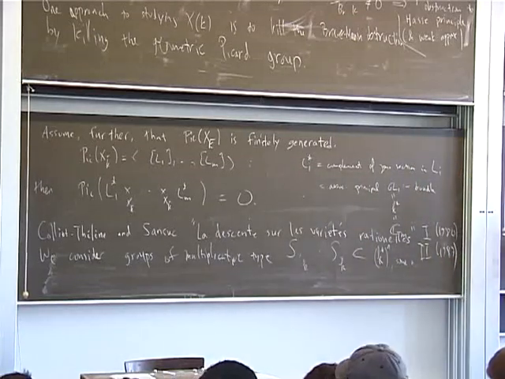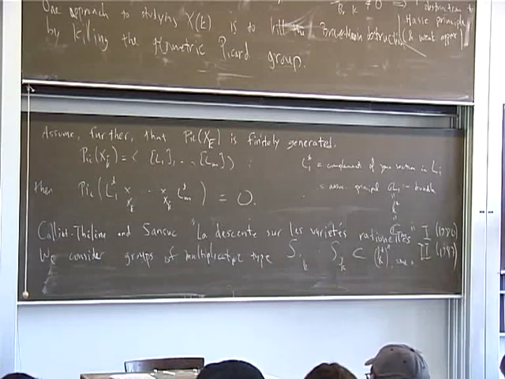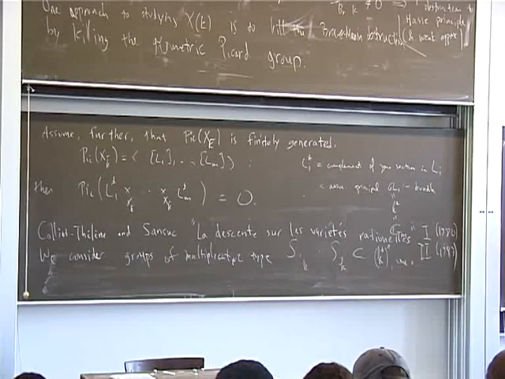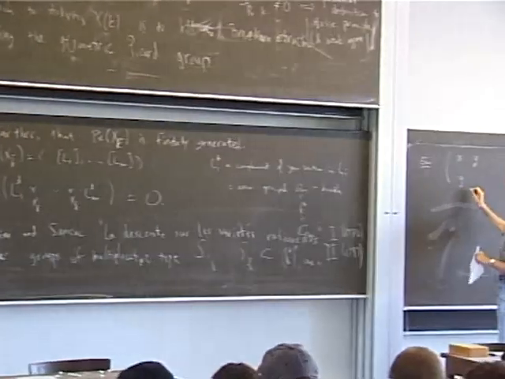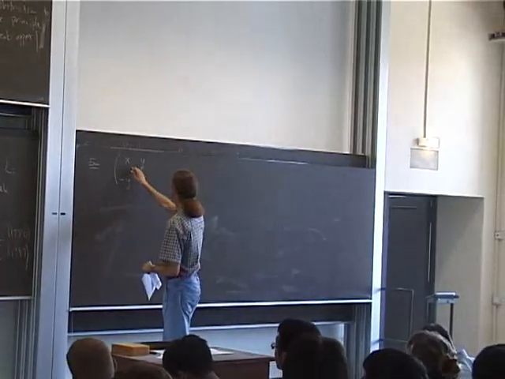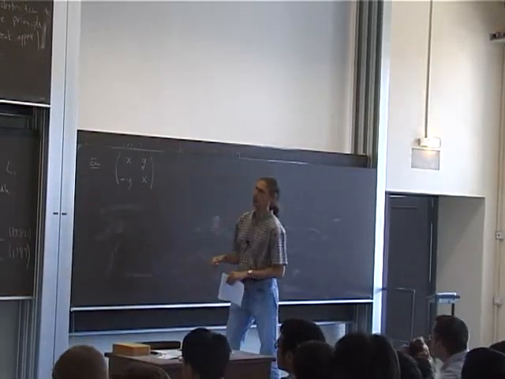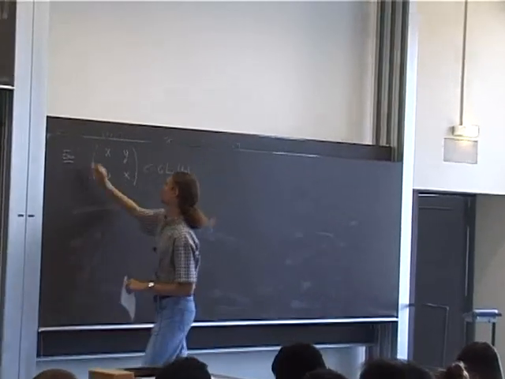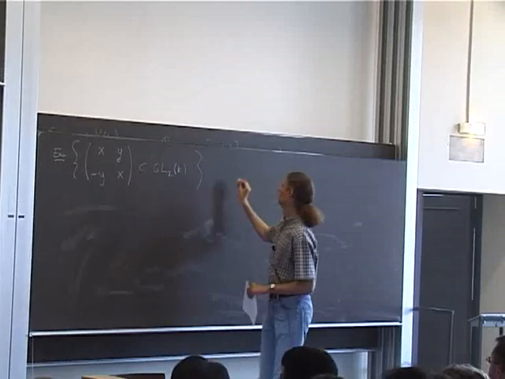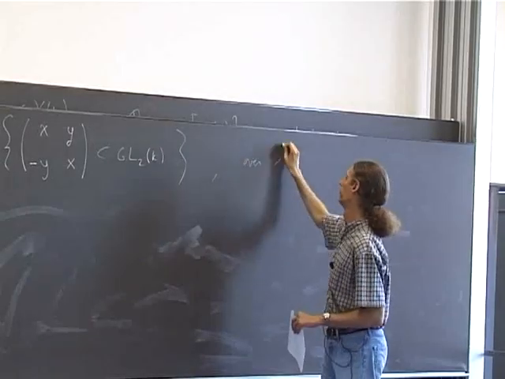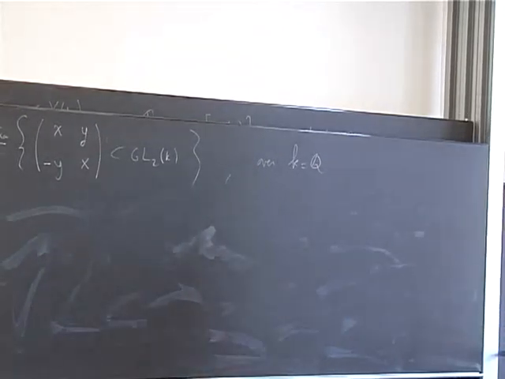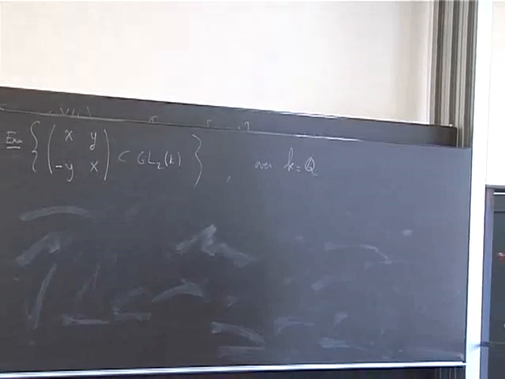So let's see an example. I'll write it as a matrix group. Take the group of all elements (x, y; -y, x), over the rationals. This is a group of multiplicative type.